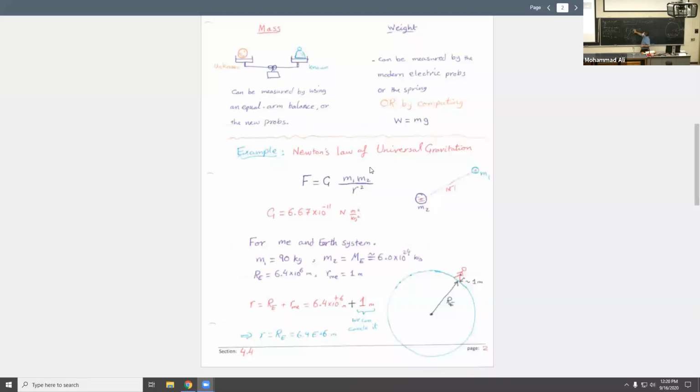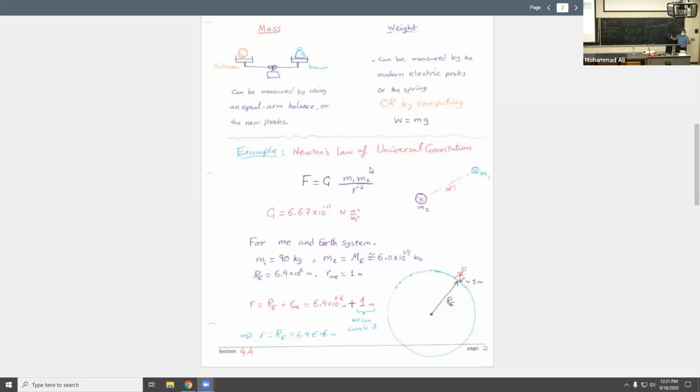So, what is the force between me and the Earth? F between me and Earth is equal to G, which is 6.67 multiplied by 10 to minus 11, multiplied by my mass, M1, 90, and the mass of the Earth, which is 6 multiplied by 10 to 24, over the radius.